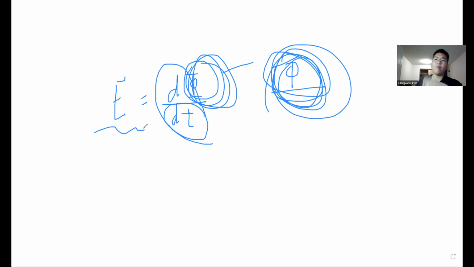For example, look at that. Here's the coil, right? Now it's stopped. But what I'm saying is that time goes by.